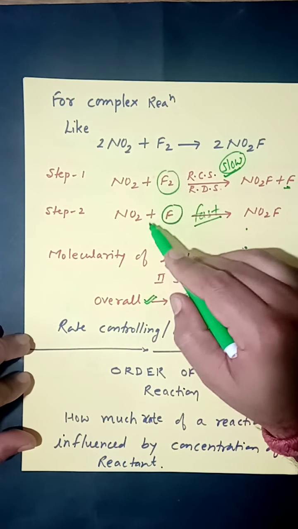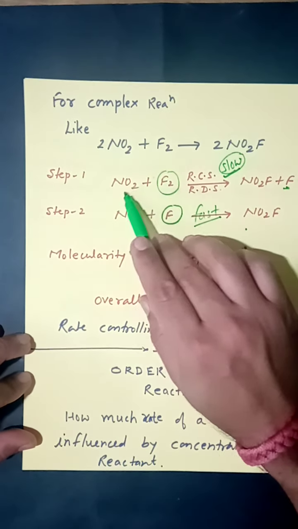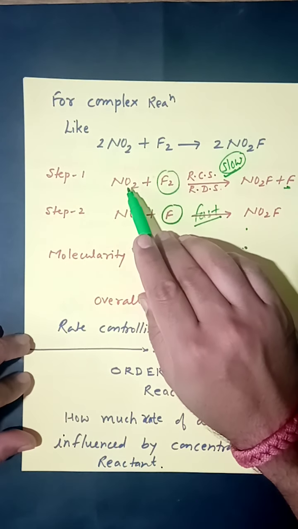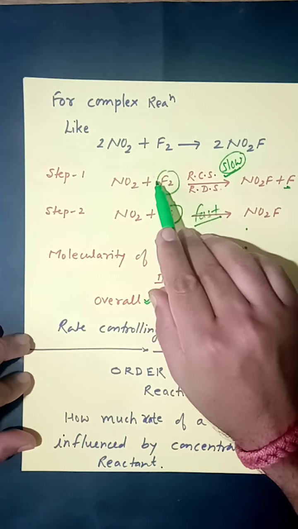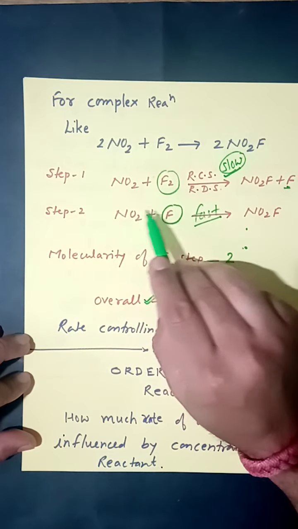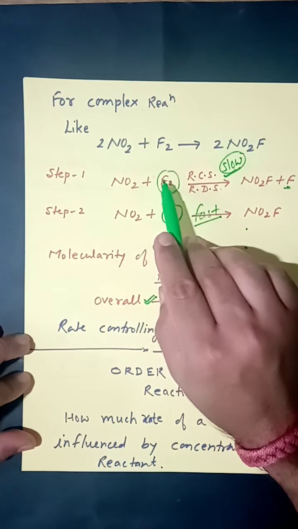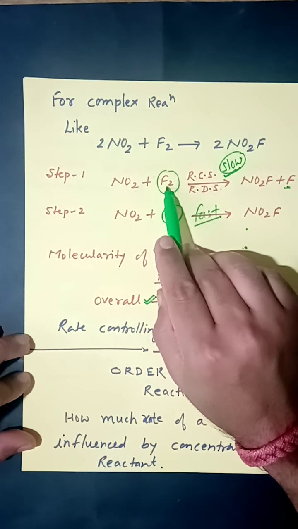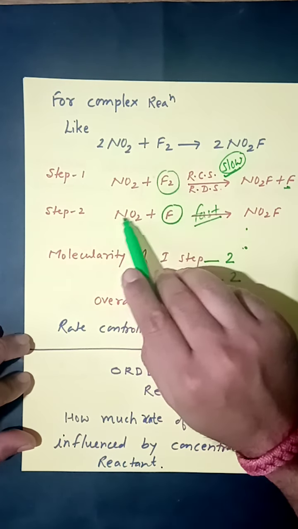If you closely look at these two reactions, the first step involves 2 particles colliding, and therefore the molecularity of the first step is 2, 1 plus 1 equals 2. Similarly, in the second step, once again 2 particles are colliding, so the molecularity of the second step is also 2.